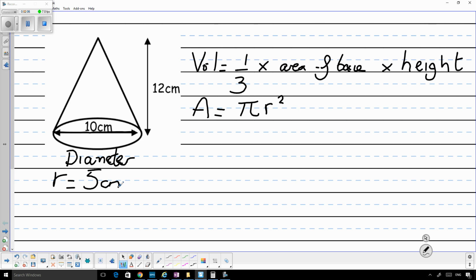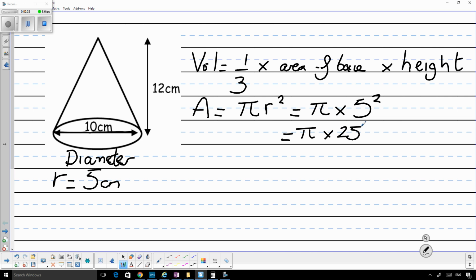So if we drop our value of the radius into this equation now, we'll just leave that as pi for the time being. It's quite straightforward to work with pi, times by the value of the radius, which is 5 squared. Now we should be able to remember what 5 squared is without resorting to the calculator. It's 25.